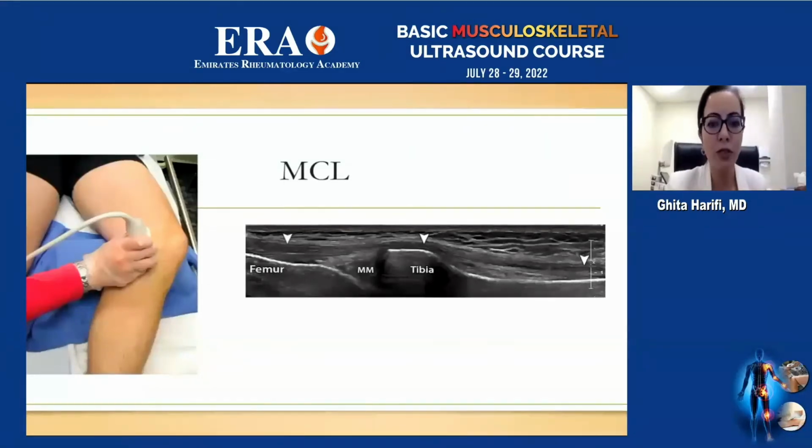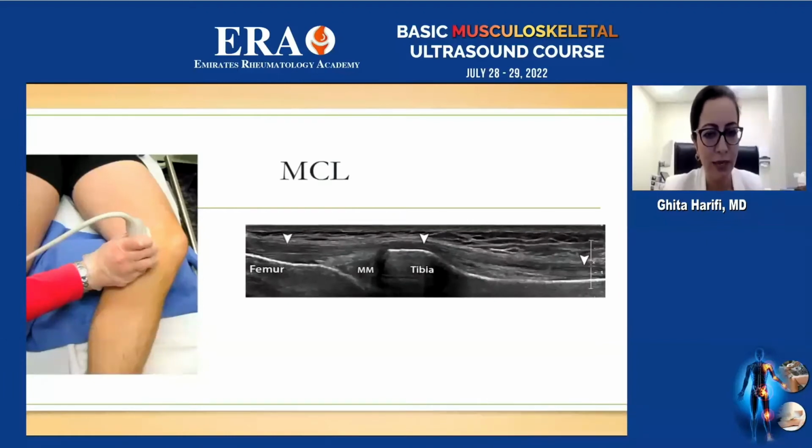The evaluation begins with a coronal plane, trying to find the MCL along the medial aspect of the joint line. This is typically performed by placing the probe along the knee in the true coronal plane and toggling the probe anteriorly and medially until you start seeing the bulky fibrillar tissue of the MCL.